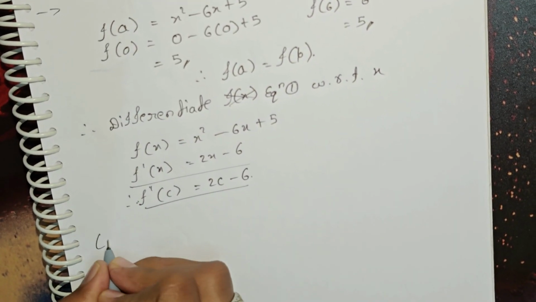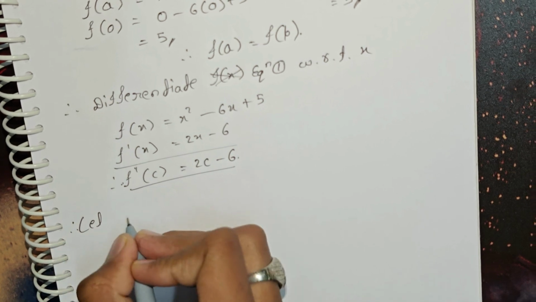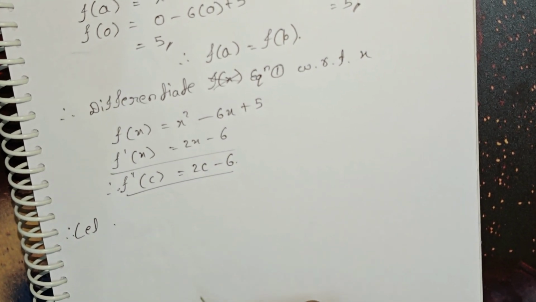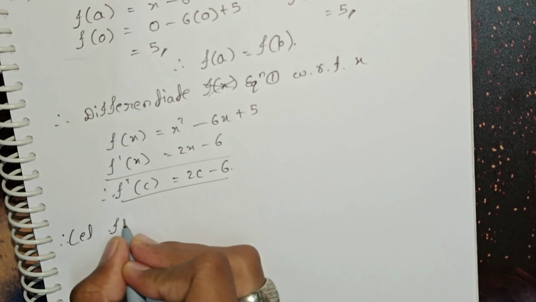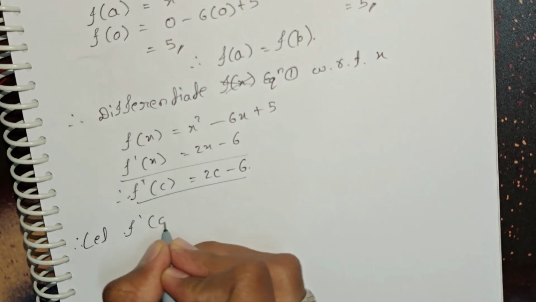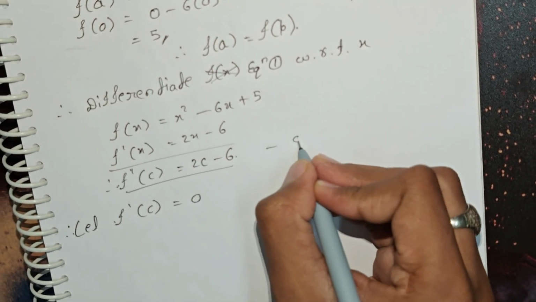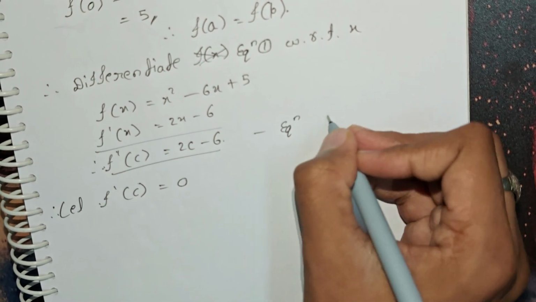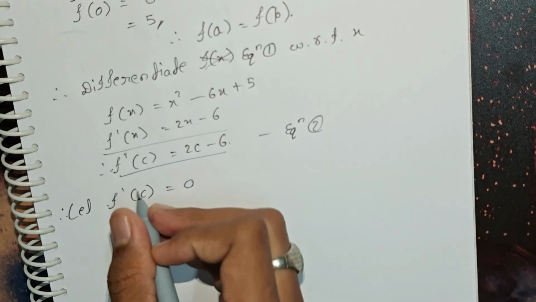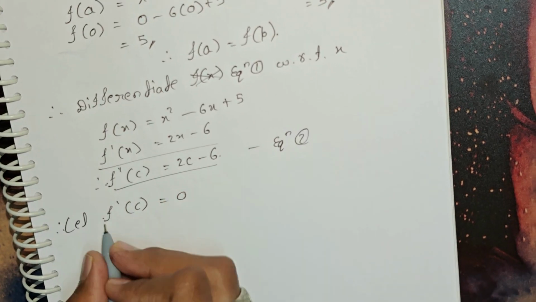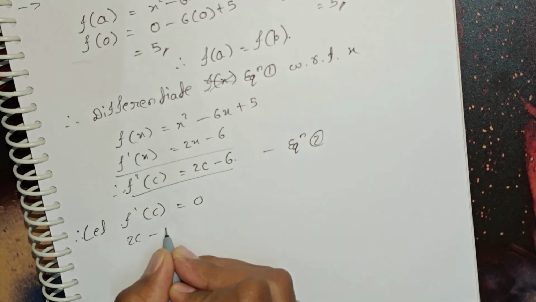So now, in the theorem, what we have said is that f dash of c is 0. Let's take f dash of c equal to 0, and we mention it as equation 2. What we have got is f dash of c is equal to 2c minus 6, so 2c minus 6 is equal to 0.